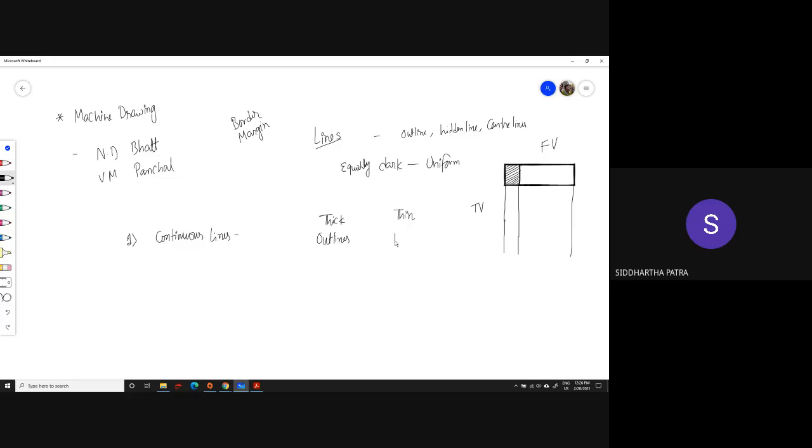So if you want to show the hatches, or if you want to draw the projection lines, or for that matter you want to put a dimension over here, let's say 20, you do that using thin continuous lines.